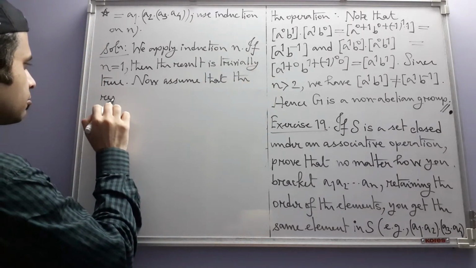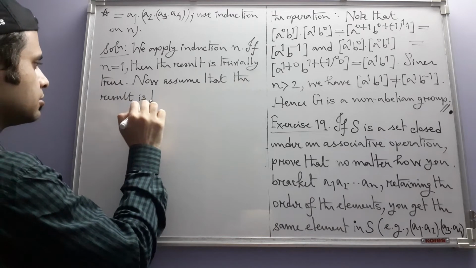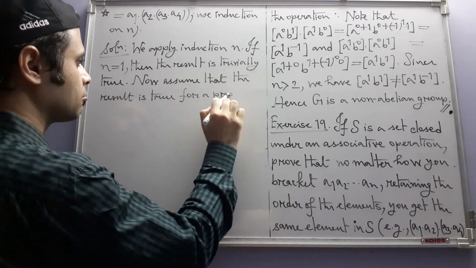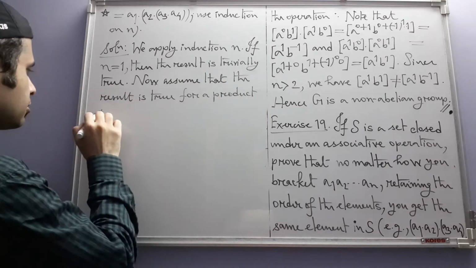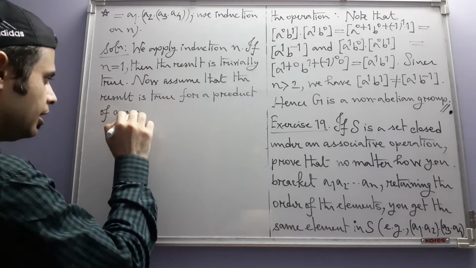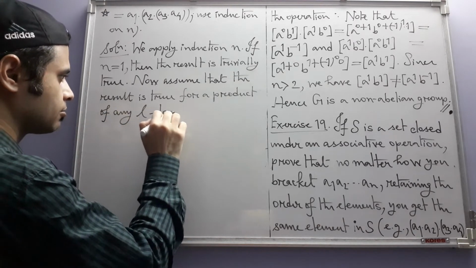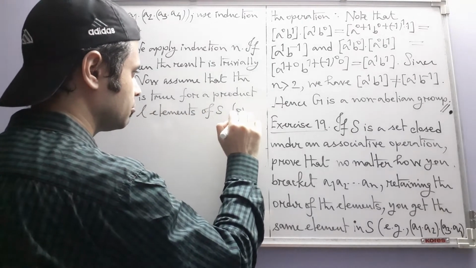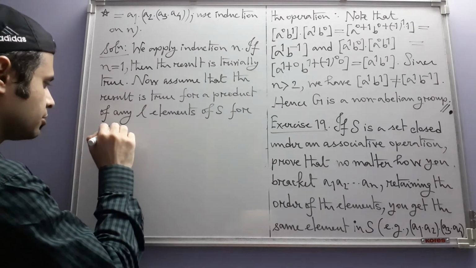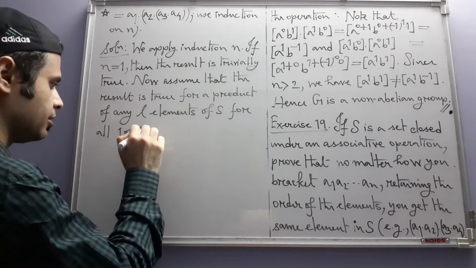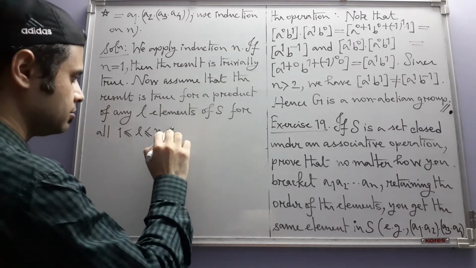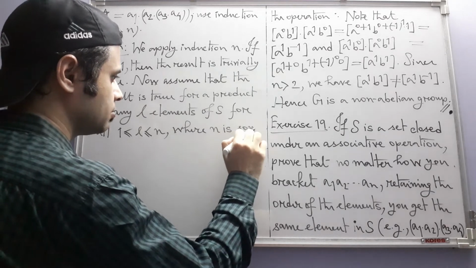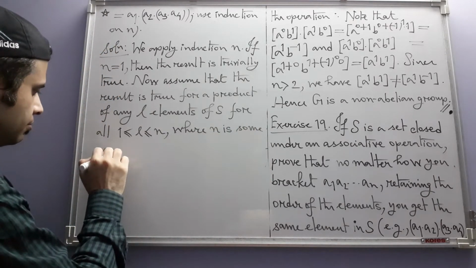That the result is true for a product of any L elements of S, for all values of L, where L is an integer lying between 1 and n, where n is some positive integer.